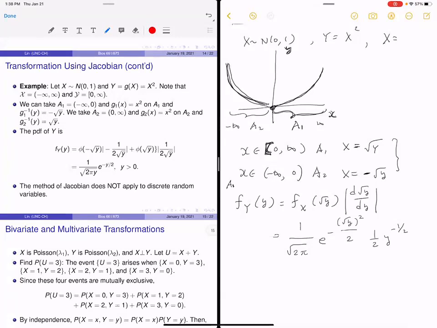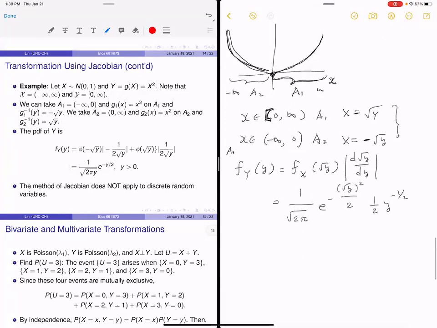Good. And then if you work on the Jacobian for A2, based on the domain of A2, the inverse function becomes negative square root of y. Again you put a Jacobian there, and by any means, everything is just absolute value.